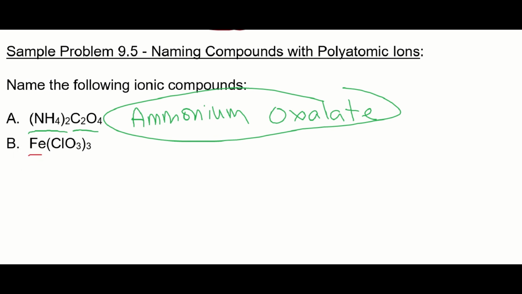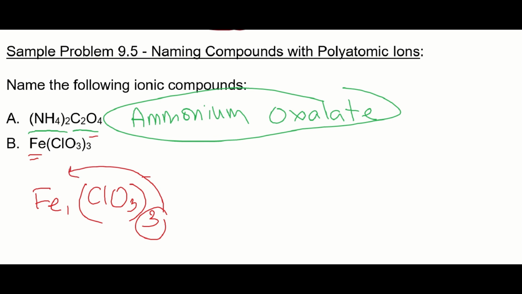All right, so here's another example of a transition metal where you can have multiple charges. So that subscript next to iron, below iron, is a 1. So does that match the charge of the polyatomic ion? It does. So this is your chlorate polyatomic anion, and it does have a 1 negative charge. So that means the subscript outside of that, which is a 3, must match the charge of the transition metal.